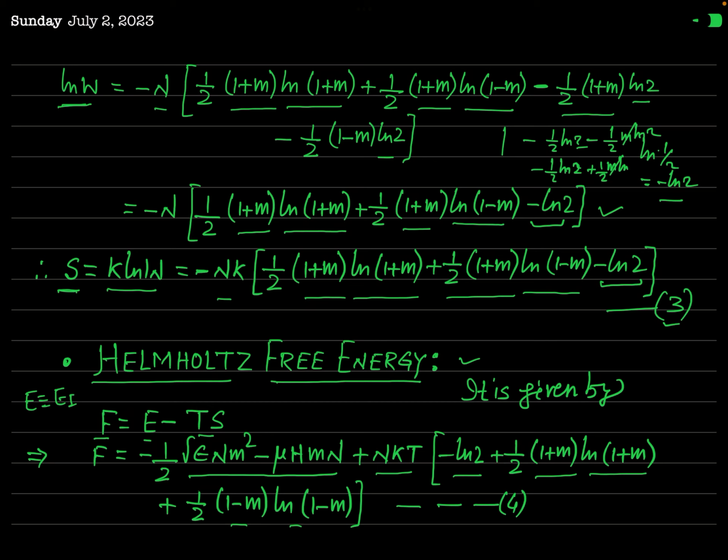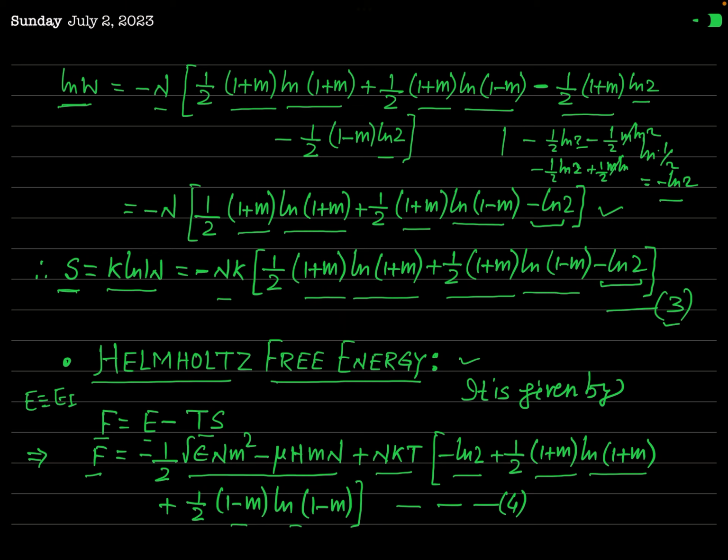Now you know that if the system is in equilibrium, definitely this energy should be minimum. And as is evident from this expression in equation 4 for the Helmholtz free energy, this Helmholtz free energy is a function of small m, which is the long range parameter, apart from the temperature, apart from gamma, apart from epsilon.